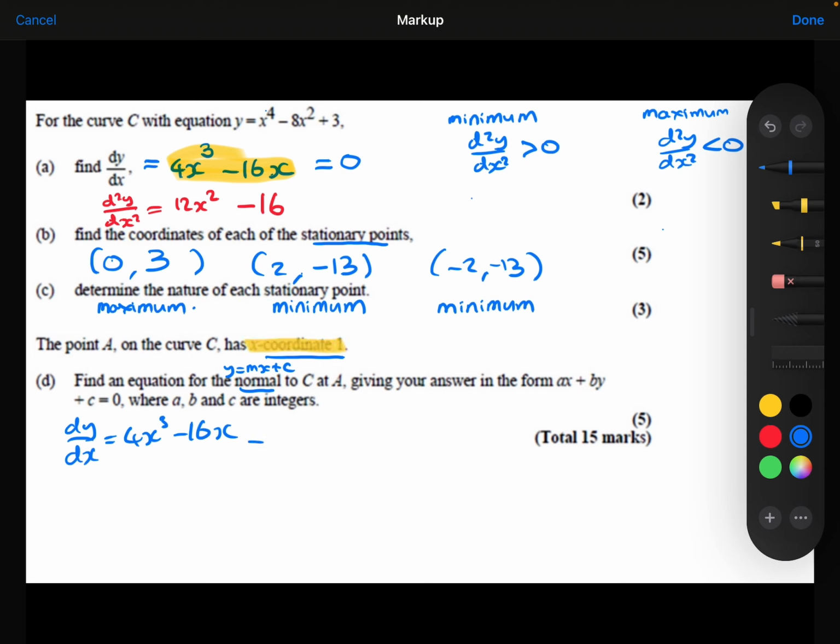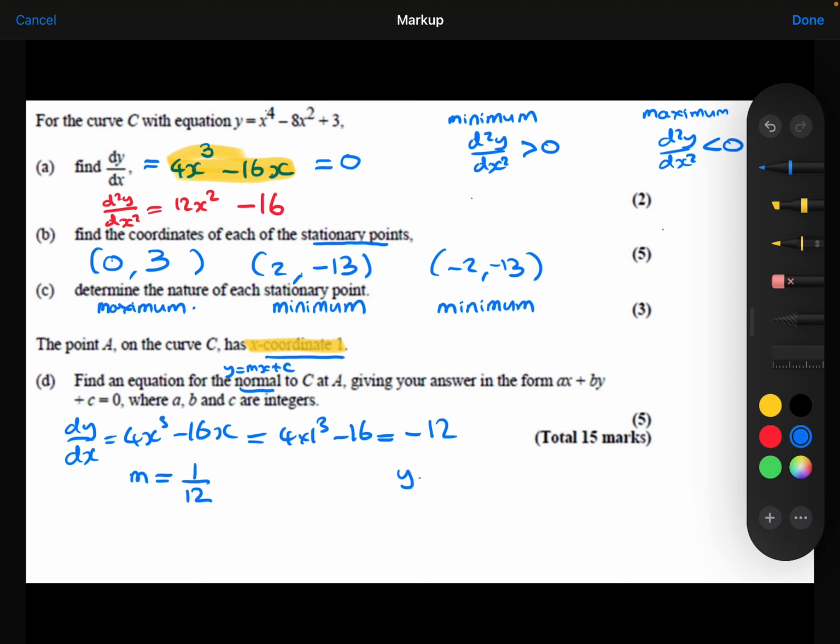So let's substitute that in. We've got 4 times 1 cubed minus 16, which is minus 12. So the gradient of the curve at A is minus 12. Therefore, the gradient of the normal is perpendicular to that. So it will be the negative reciprocal. So it will be 1 over 12.